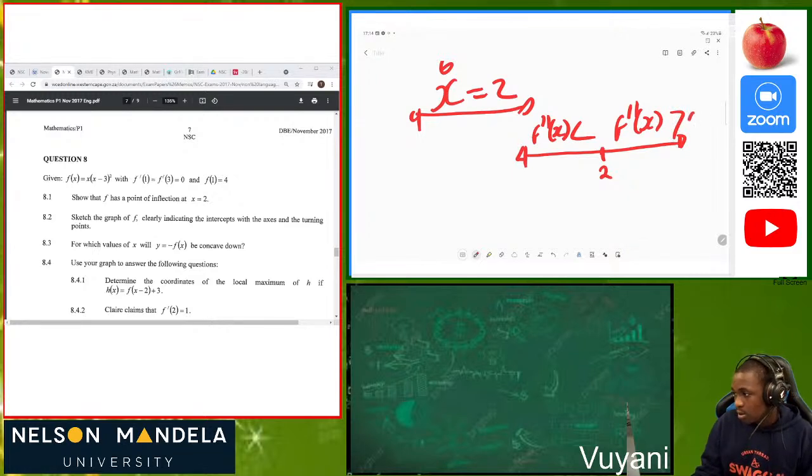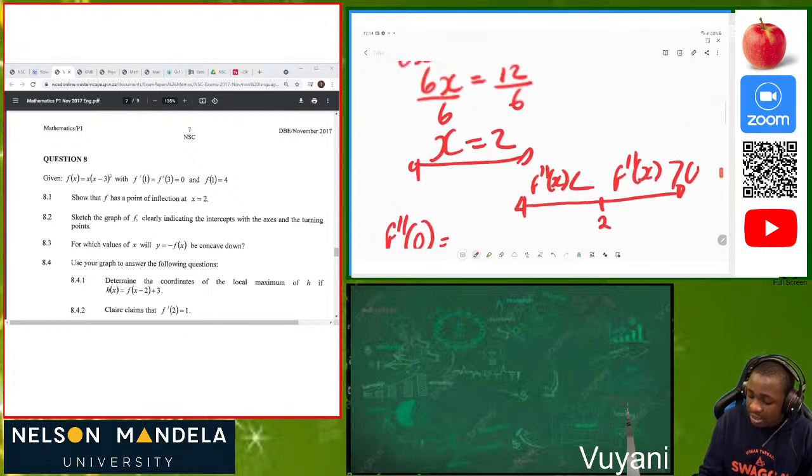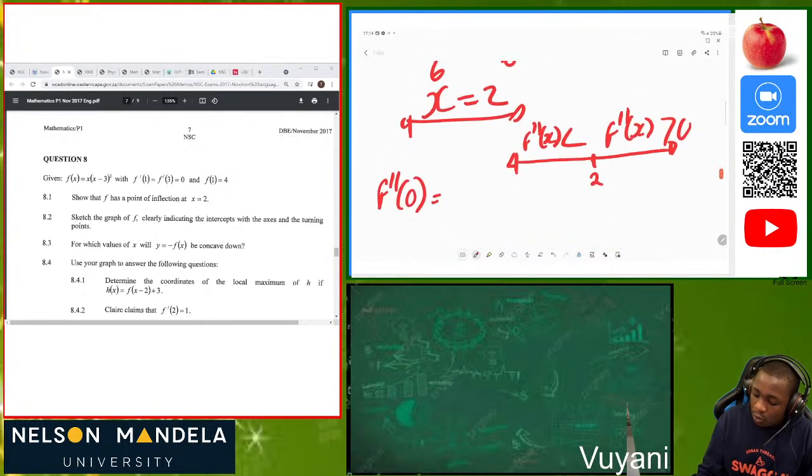Now, in order for us to determine if this is real, on this side we must substitute any value which is less than 2. Let's use 0, so we have to determine f double prime of 0. The second derivative of f will be 6 times 0 minus 12, and we end up having negative 12.